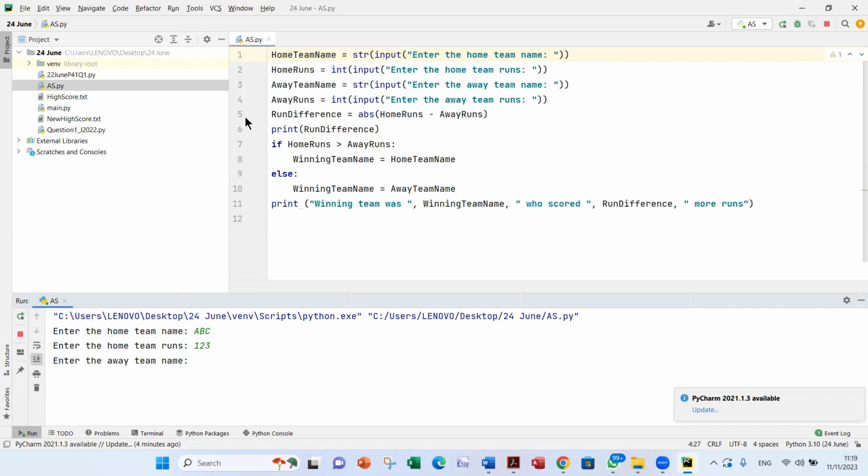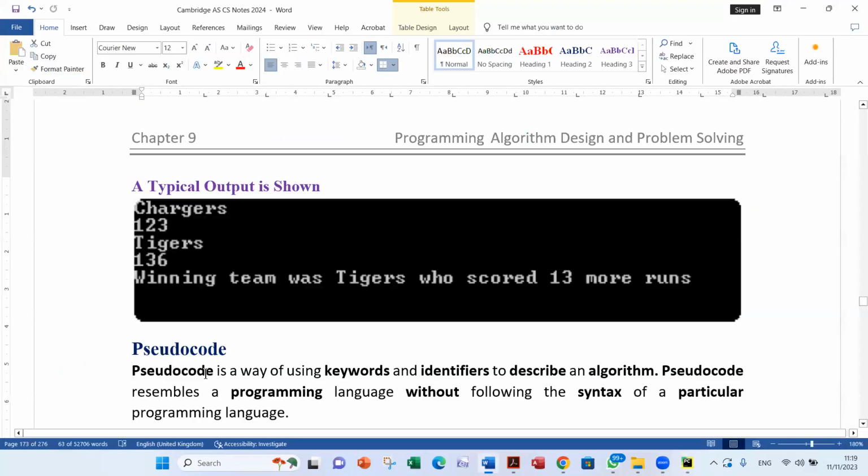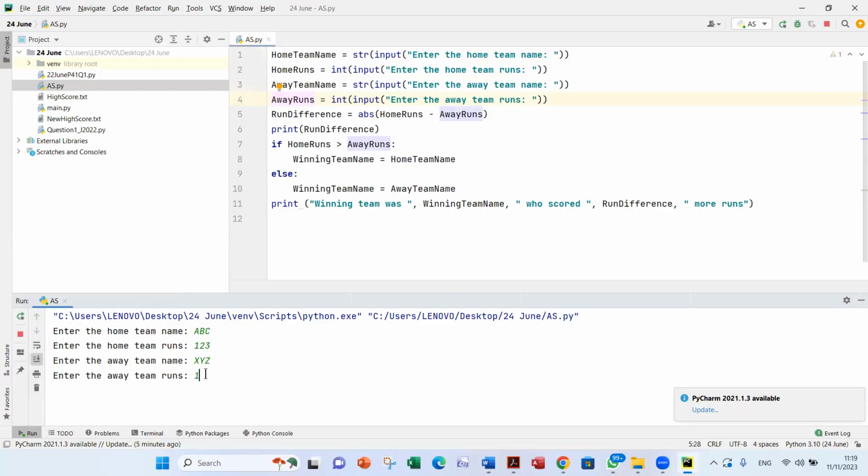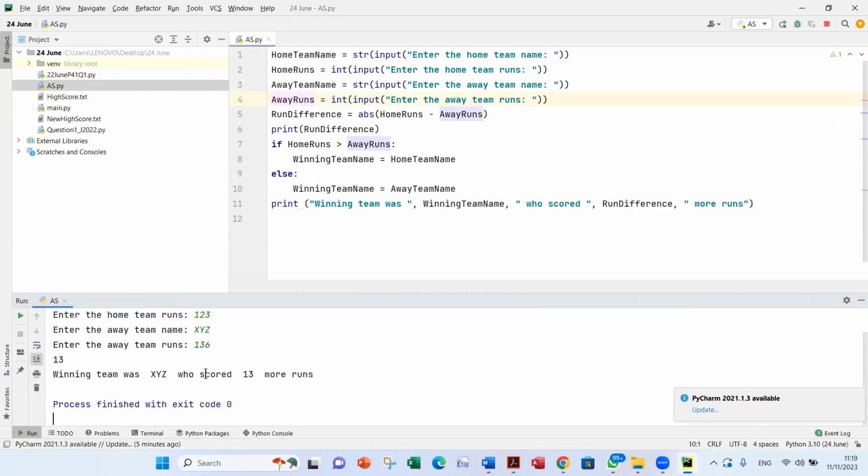Now it is stored in the variable home team runs. Now it is waiting for a value for away team name. Let us call them X, Y, Z. Now it is expecting a value for away runs. Let us give the value 1, 1, 3, 6.